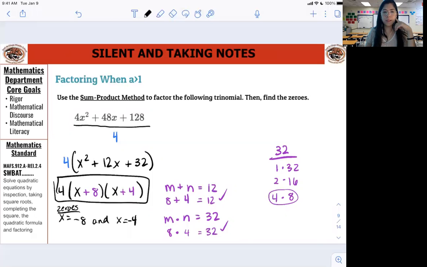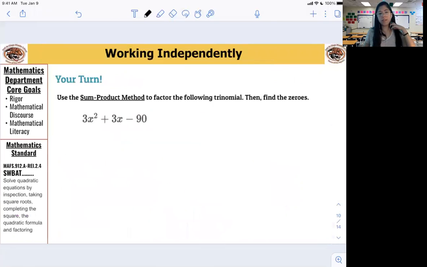Okay. So try this one on your own. Take another 3 minutes to do so, and we'll move on to another one.